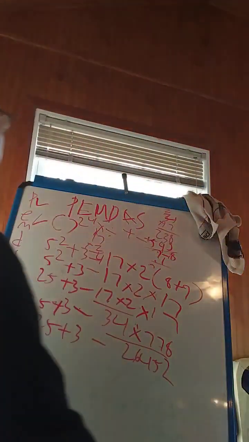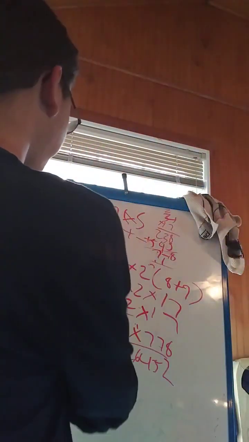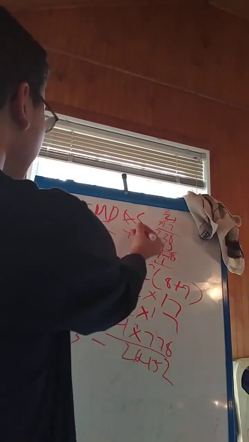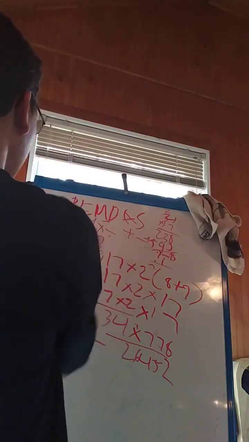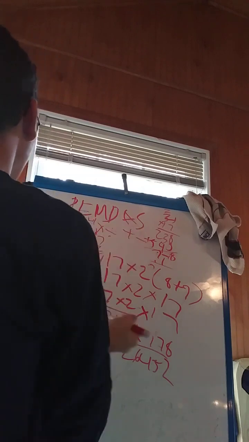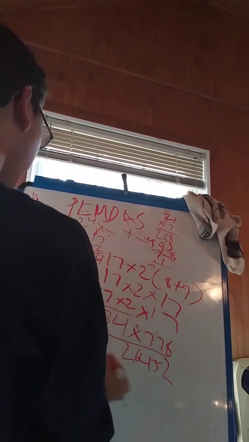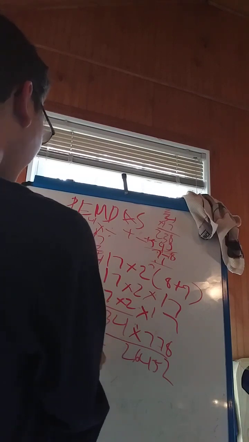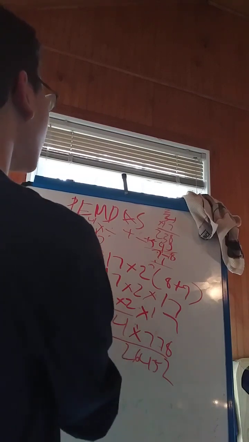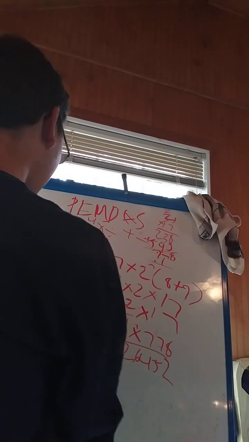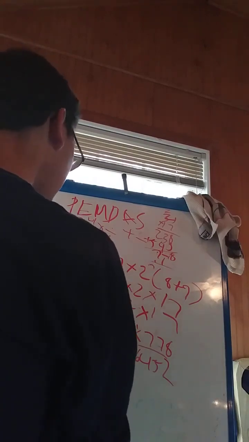So now we're coming to the final stages of the problem. So following this order, we don't have any division, so we check that off. Then all we have left is adding and subtracting. So we add 25 plus 3 because it's over here. 25, 26, 27, 28. And then we subtract that from 26452.